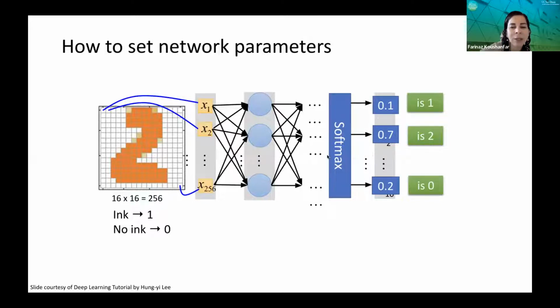If you have trained it correctly, this has the highest value, so you say that this is the output of choice, and this is 2.